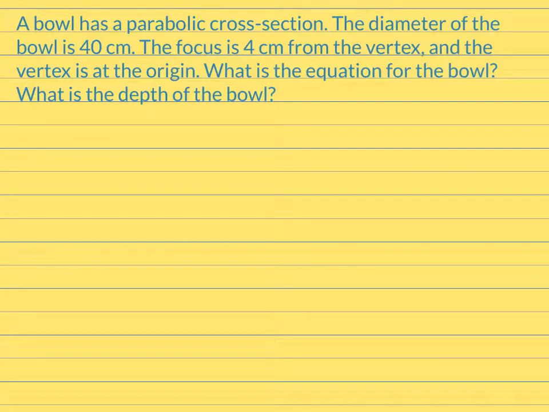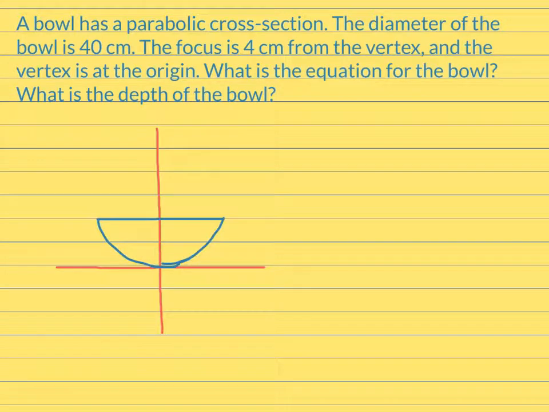Alright, so let's just draw a picture of what they gave us. Here we have a bowl with the vertex at the origin, 0, 0. This bowl has a diameter of 40 centimeters. From here to here is 40 centimeters, so that means that this will be at 20, and this will be at negative 20, for that to total up to 40.